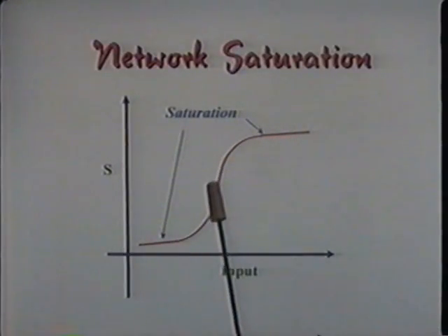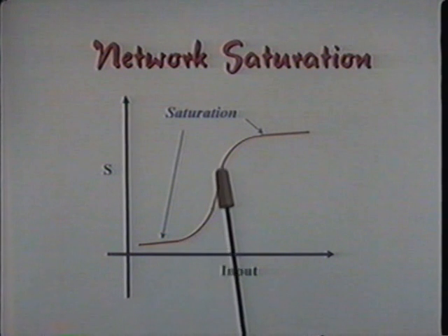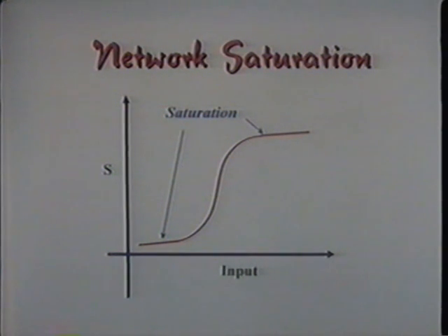So the network, or this particular node, is not sensitive to the input. Your best bet is to be in this region here, where a variation of an input can have an impact on an output.